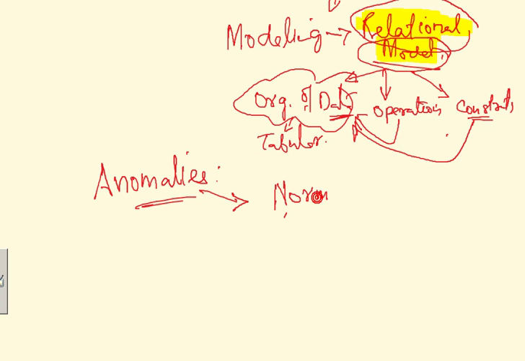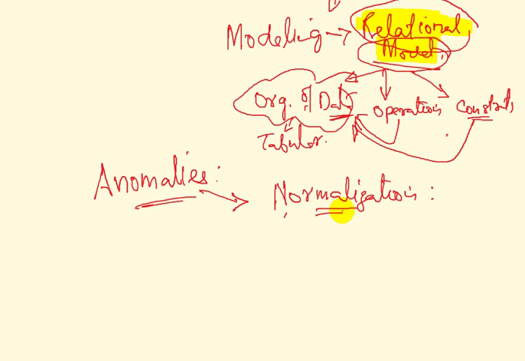The remedy is normalization. It was done by Codd himself and Boyce later on, who applied normalization, because the relational model was introduced by Codd, and he also put up the normalization to make it perfect. Then later came Boyce, who introduced a few things more.